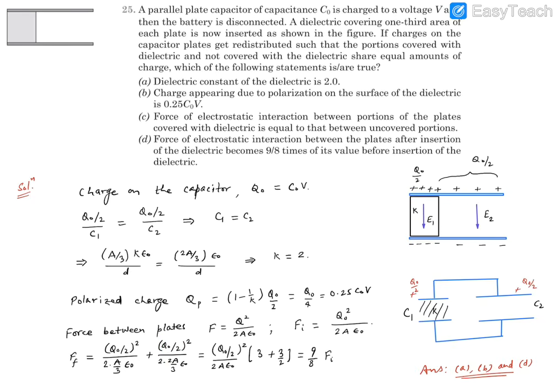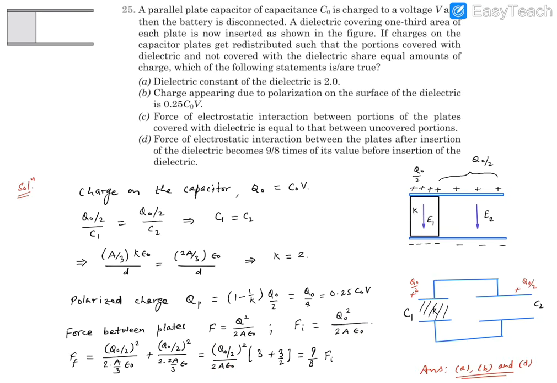When you rewrite it, after simplification, it becomes Q naught by 2 whole square divided by 2A epsilon naught, times 3 plus 3 by 2. When you see it carefully, this is going to be 9 by 2. And from here 1 by 4 will be released, so it becomes 9 by 8, and the rest will be Q naught square upon twice A epsilon naught.